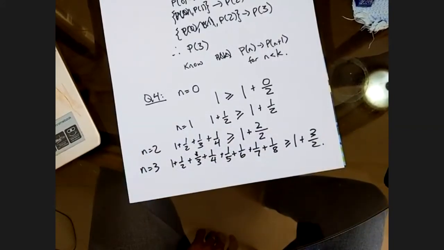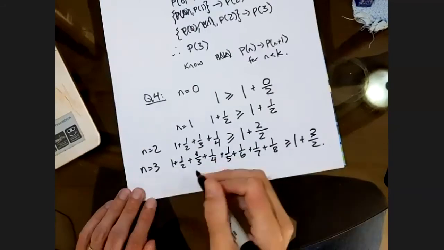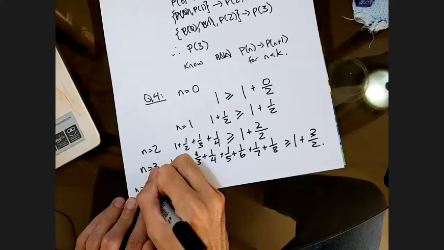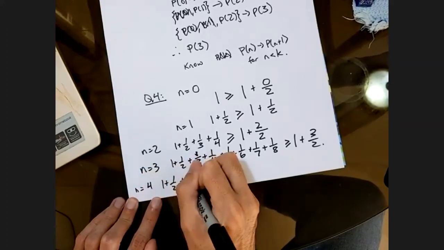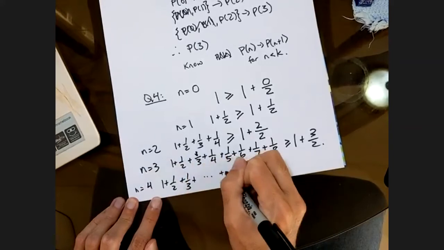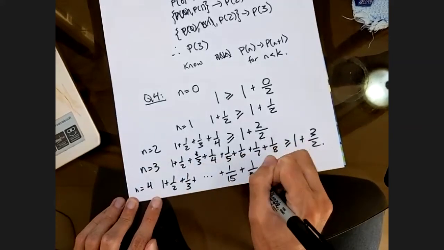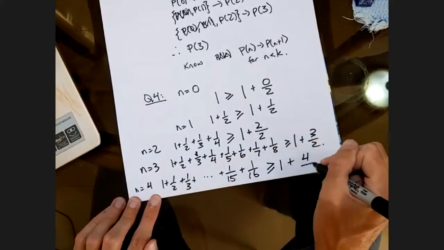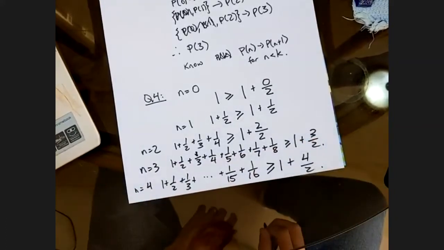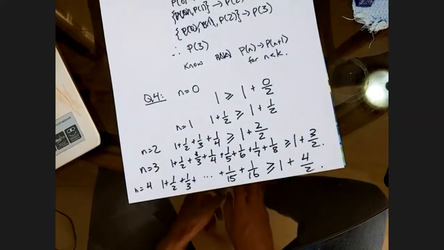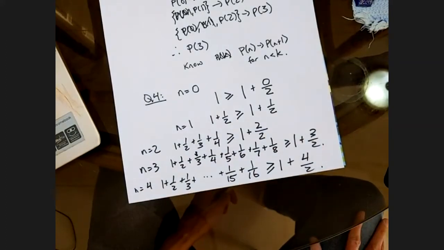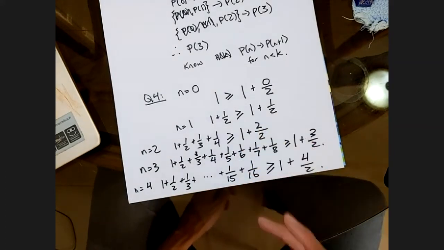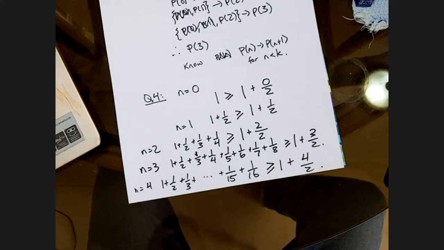For n equals 4, we have the terms from 1 up to 1 over 16. I won't write them all out, but we have terms like that, and we have to show that's greater than or equal to 1 plus 4/2. I hope you can see the pattern, the difference between each successive inequality.